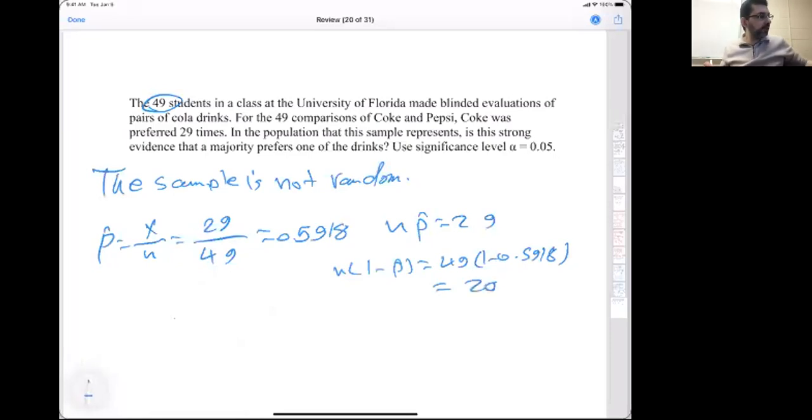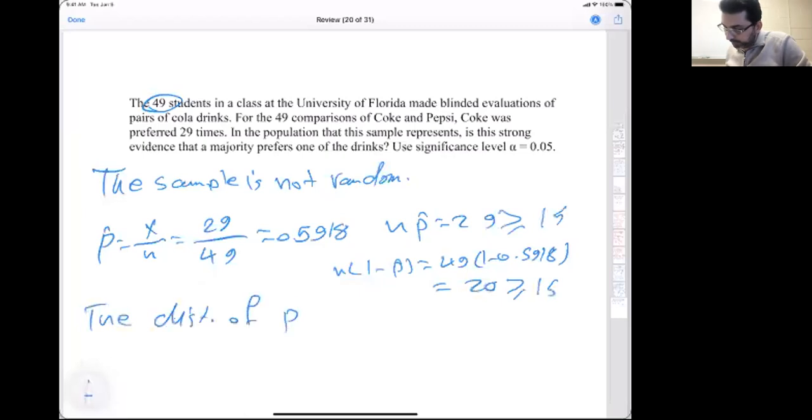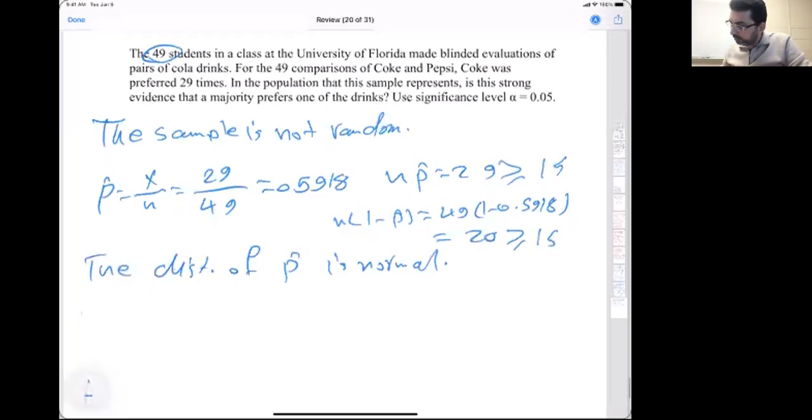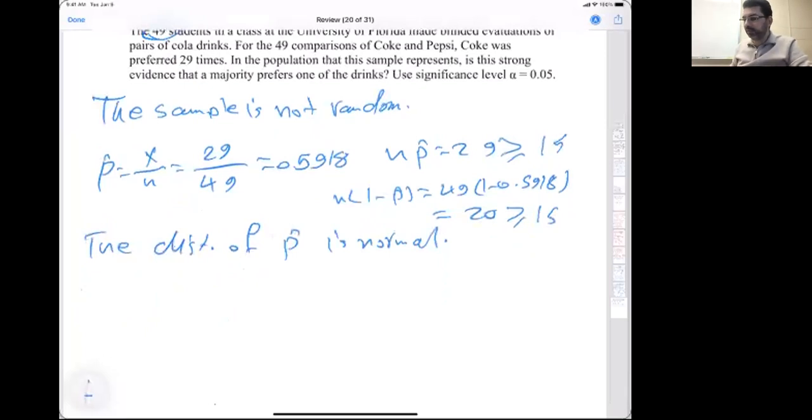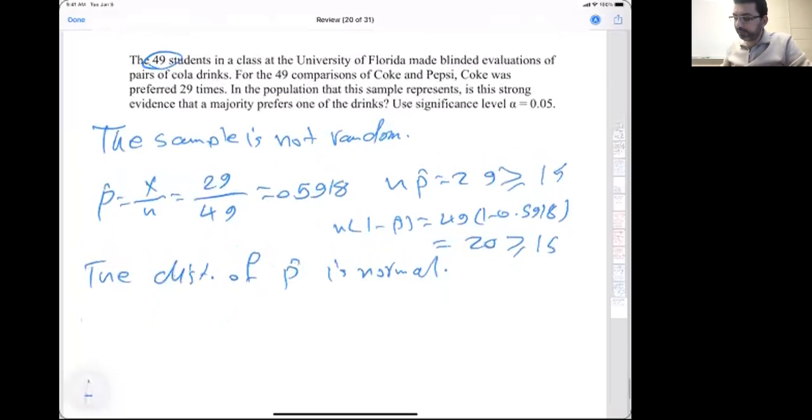So both are greater than 15, so we can apply the central limit theorem. So the distribution of p hat is normal. Okay, so we can complete this test, even if we know that the sample is not random, just for practice.